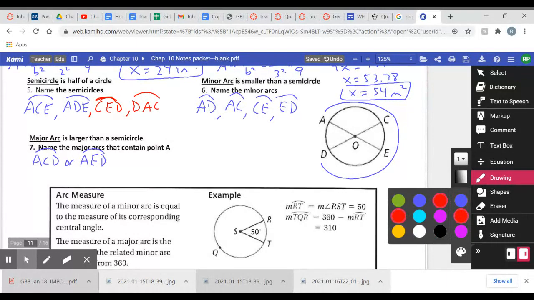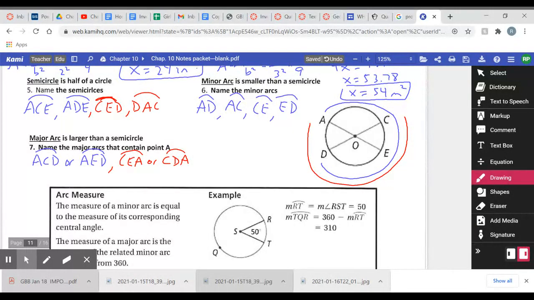Okay, another one would be CEA. So from C to E to A. Someone else might call CEA CDA, and we'd be talking about the same thing. You could always also have the backward version of what we just said here.